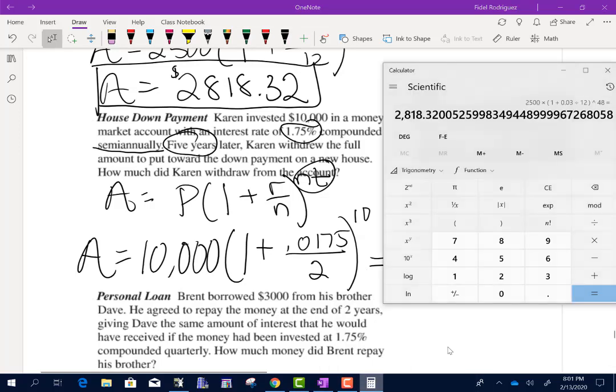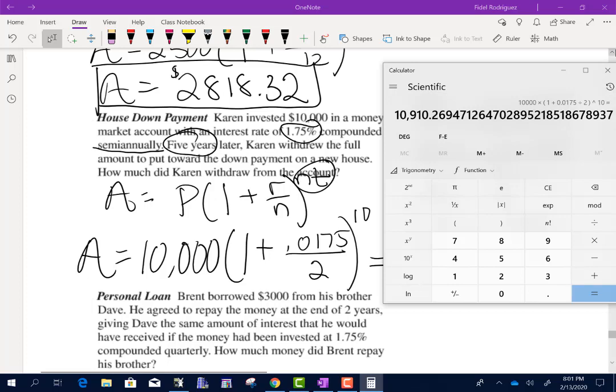So let me go ahead and grab my calculator again. Let me clear it out. So 10,000 times parentheses 1 plus 0.0175 divided by 2, close it off, raise it to the power of 10, and hit equals.